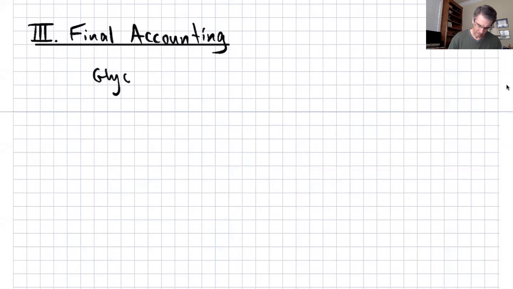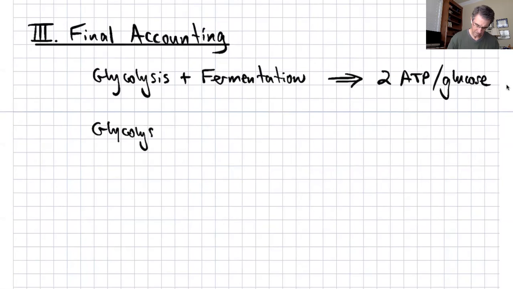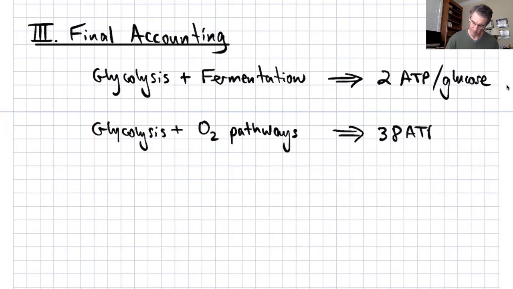Glycolysis plus fermentation has a net ATP yield of about 2 ATP per glucose. Glycolysis plus the subsequent pathways we're going to talk about later, those oxygen-dependent pathways, as you'll see, can generate 38 ATP per glucose.